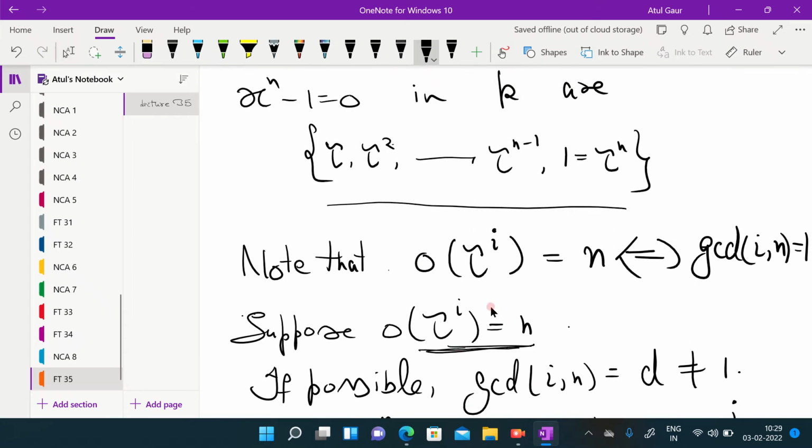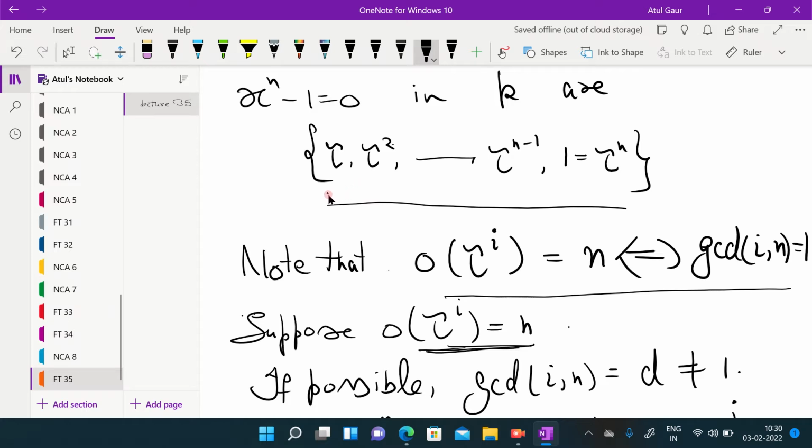So we have that the order of tau power i is n if and only if the GCD of i and n is 1. That means those powers of tau are primitive nth roots of unity for which i is relatively prime to n.